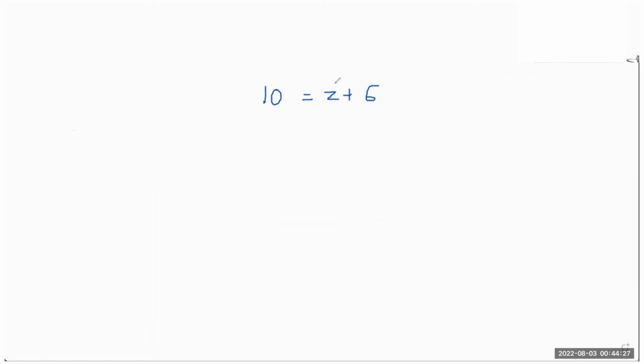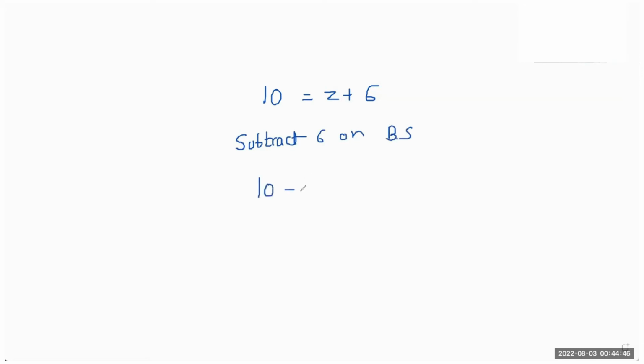Exactly. So see here, what's stopping me from finding z? It's the 6, right? How do I get rid of plus 6? You subtract 6 on both sides.